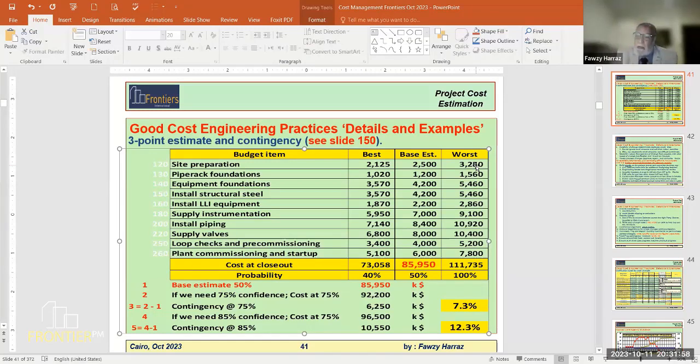Depending on the quality and completeness of the FEED package, he can say 2% is enough to cover the development allowance. Or if it is not mature enough, we can go up to 5%. With this design development allowance, he should be covered for things that come during the detail engineering.